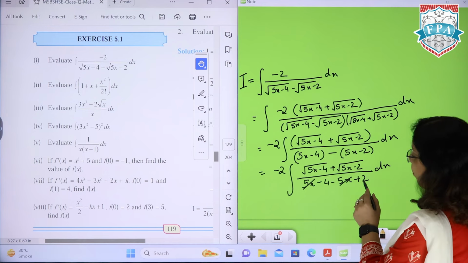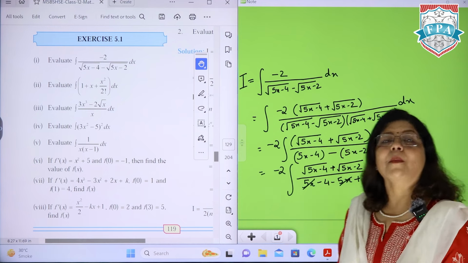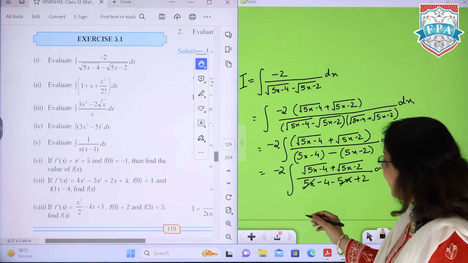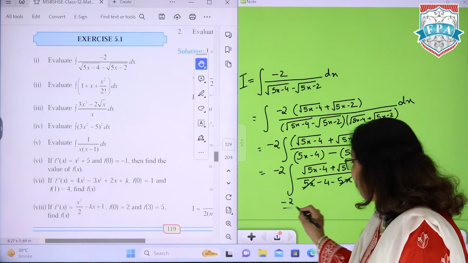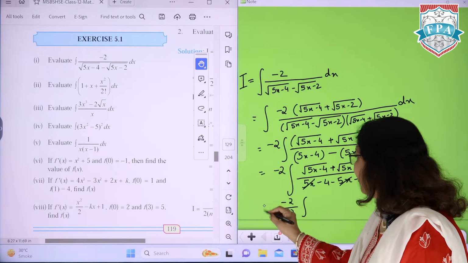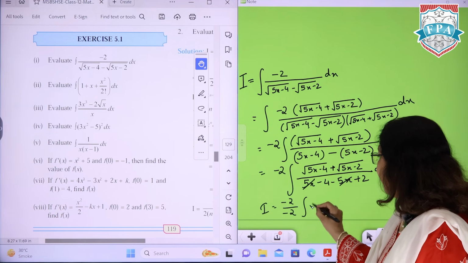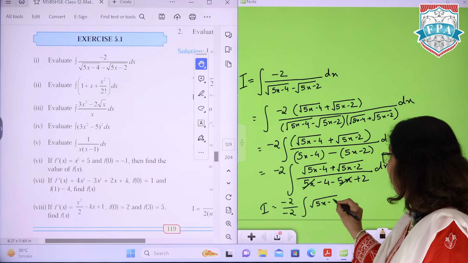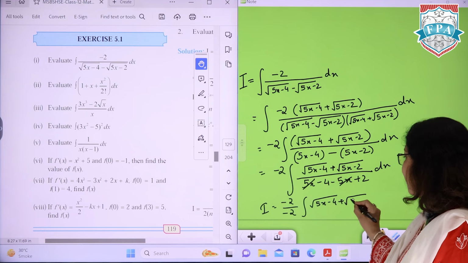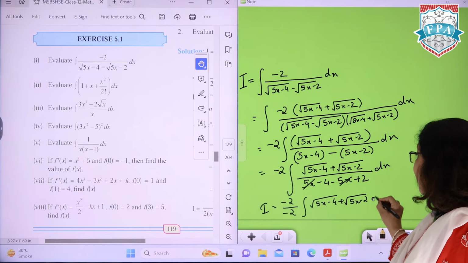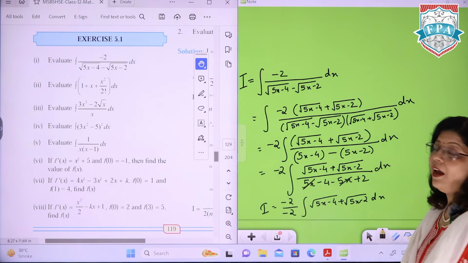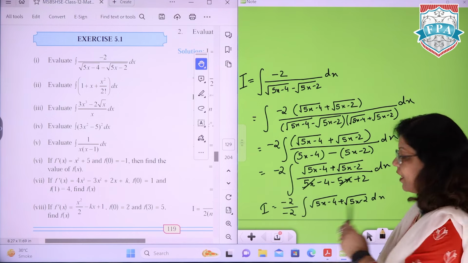And minus 4 plus 2 is actually minus 2. So your final answer becomes minus 2 upon minus 2 integral is equal to root 5x minus 4 plus root 5x minus 2 dx.